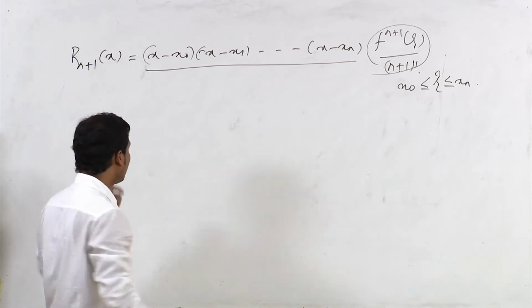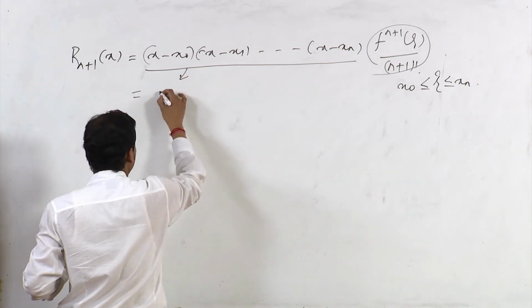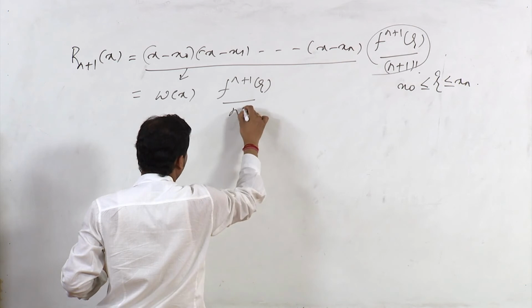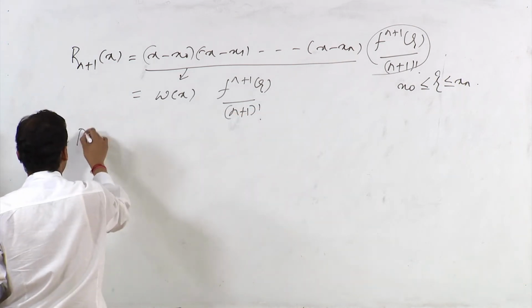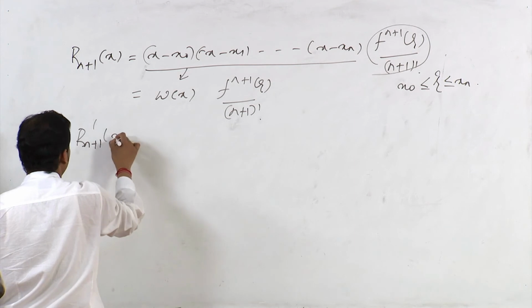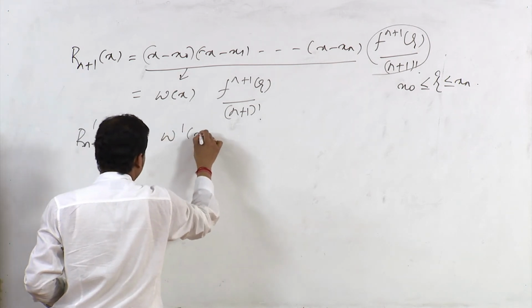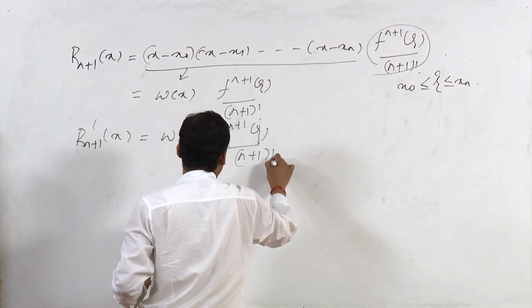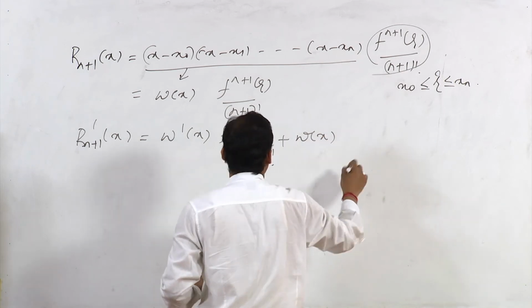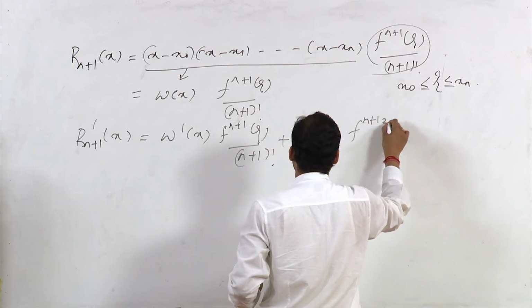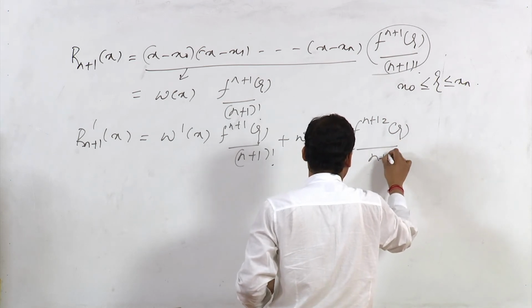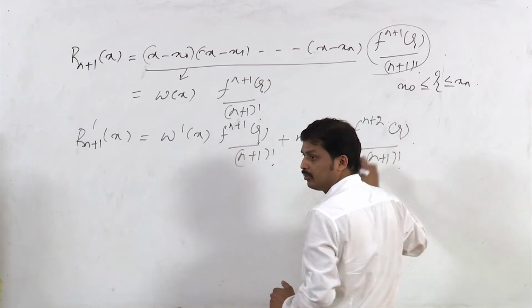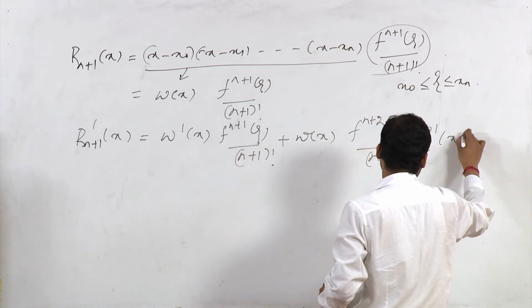This means that if we consider this side as omega of x and this side as f to the power n plus 1 of zeta by (n plus 1) factorial, then the differentiation of this error term with respect to x can be written as omega dash x f to the power n plus 1 of zeta by (n plus 1) factorial, plus omega of x f to the power n plus 2 of zeta by (n plus 1) factorial into zeta dash x here.